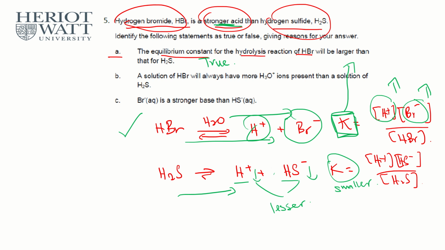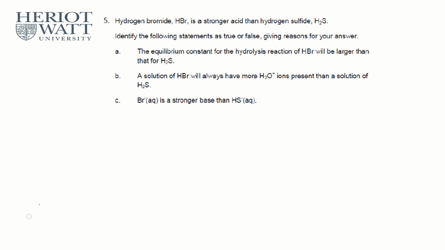So for part B, let me erase that. Part B, a solution of HBr will always have more H3O plus present in the solution than H2S. This one I can straight away tell you is true. Why is it true? HBr is a stronger acid. Like I mentioned just now, it dissociates more, it produces more H plus.